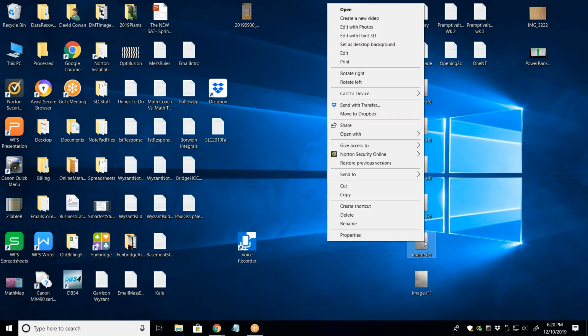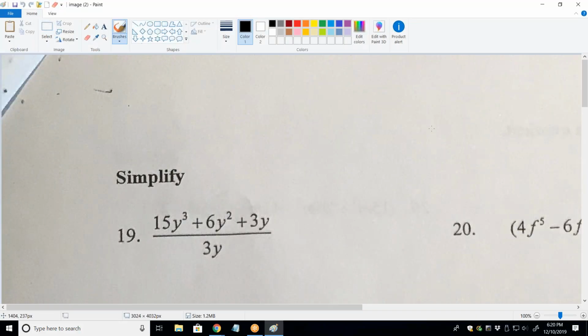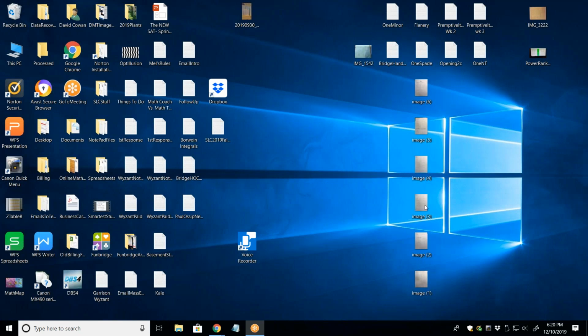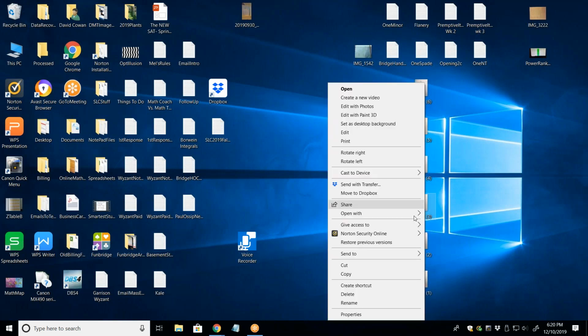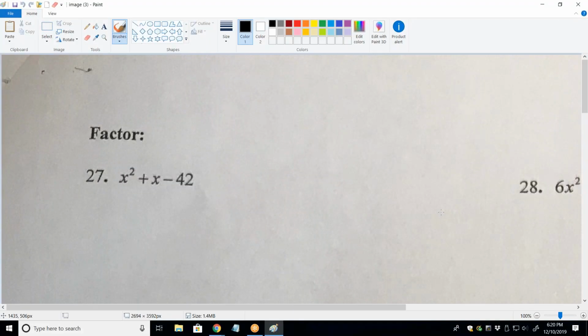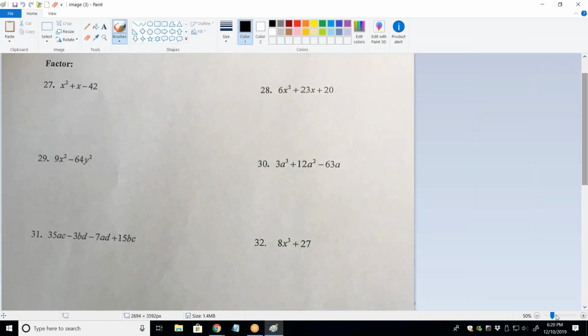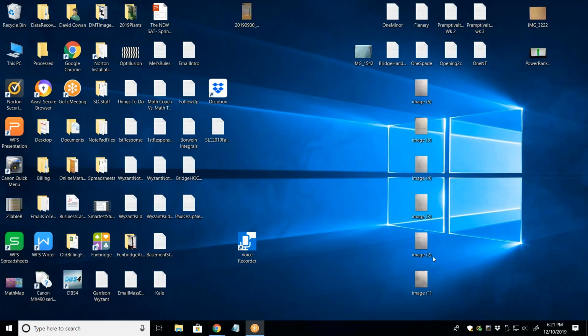Actually, let me make sure I have the next page here. I may have the same page. That's the same page. Let me go to the next page. I've got these in order. Yeah, this is a new page. I think that's the page after the one I was looking at. You want to go to the previous page? The one I'm looking at is like 25, and that's 27.